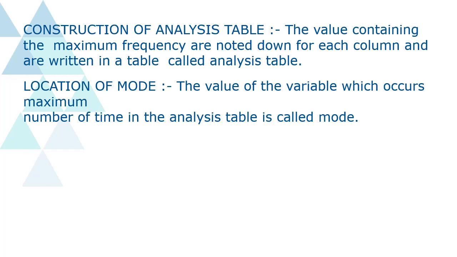Let us now learn how to construct the analysis table. In the previous grouping table, we would have noted down the highest frequencies in each column, and the same we would consider for making the analysis table, before which we have to understand what should be the horizontal and what should be the vertical here.